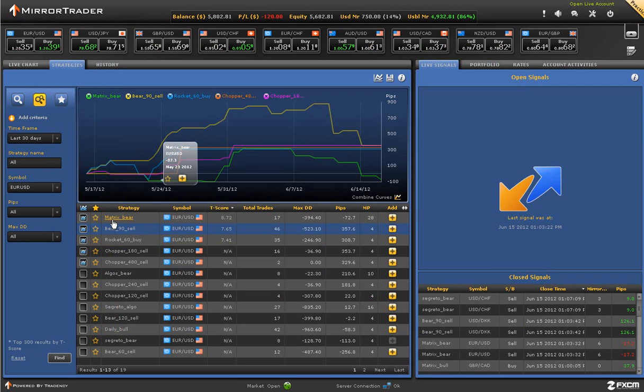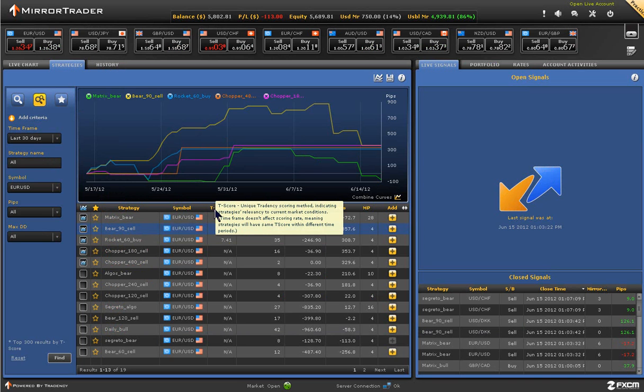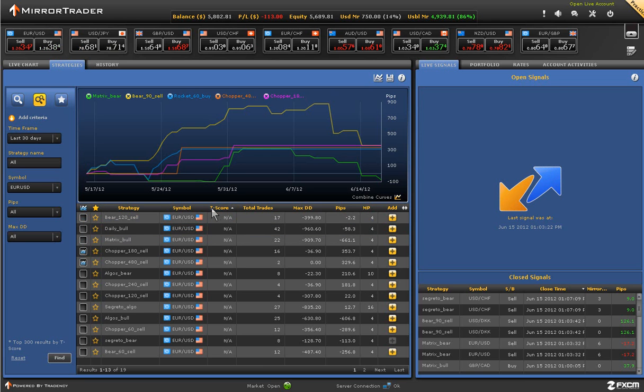So you can certainly look at the top 5, but you can also sort it by a variety of other things. You can sort it by T-score. On a scale of 1 to 9, this is like the best versus the worst. So in this case, Matrix Bear gave you a T-score of 872, which means it's very high in the way it's looking at it in terms of its profitability, even though it's down a little bit.